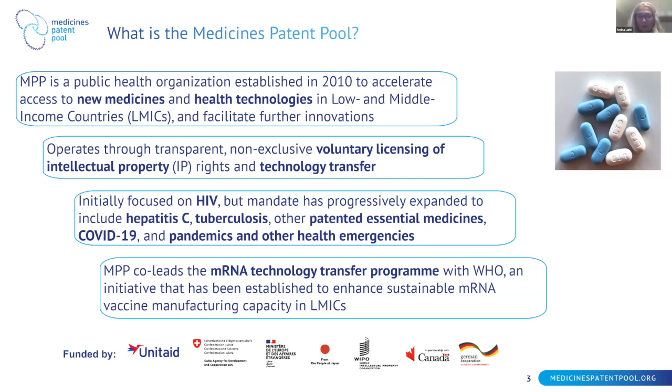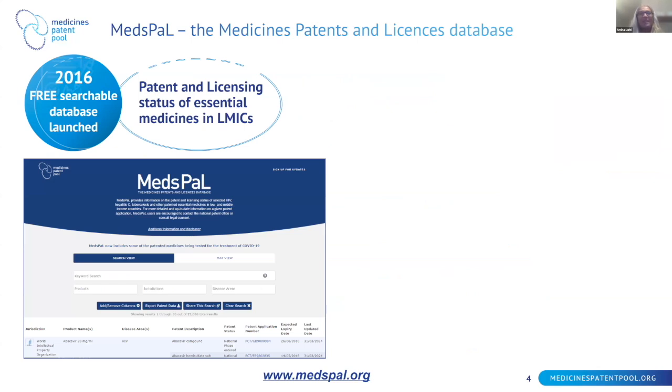Now, to do MPP's work, one of the essential steps is understanding the IP and the patent situation of the medicines and health products that we would like to in-license. Next slide, please. By doing this exercise, MPP has been gathering patent information, especially in low and middle income countries, for medicines. This information was shared early on in MPP's life with external stakeholders.